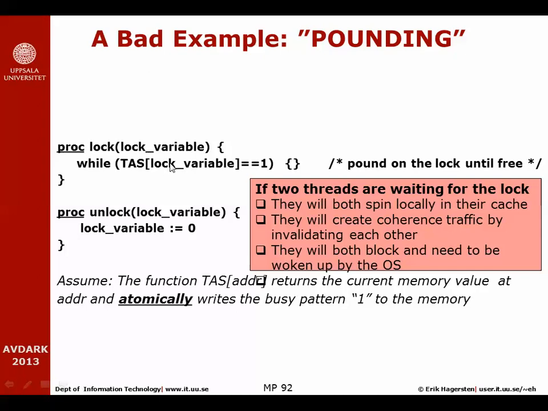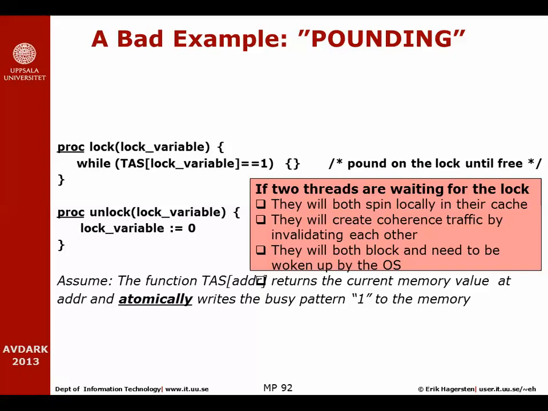So there will be a lot of ping-ponging back and forth by this cache line. More specifically, in a snoopy cache coherence protocol, they will have the read-to-write primitive. So they will need to read with intention to modify all the time back and forth.